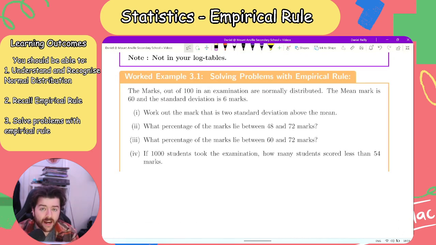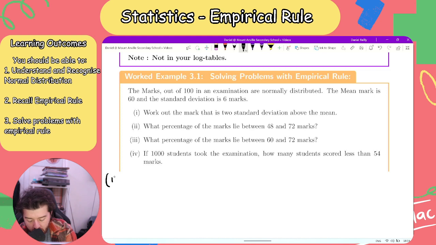The marks out of 100 in an examination are normally distributed. The mean mark is 60 and the standard deviation is 6 marks. Work out the mark that is 2 standard deviations above the mean.